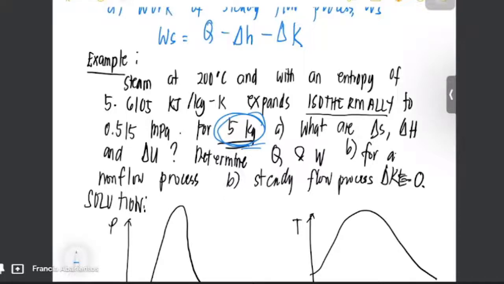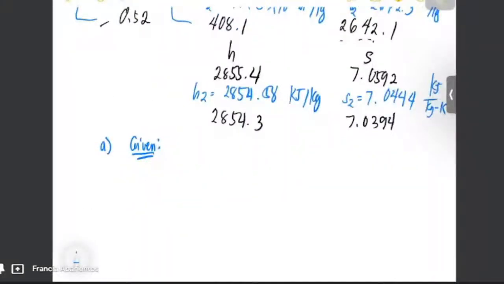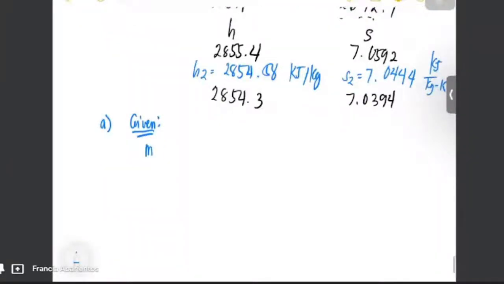So, the given, ayan. Ang given is mass is equal to 5 kilogram. Pag may given na mass, automatically, kadalasan, capital na yung pinapahanap. We have now the change in S is equal to the mass times the change in entropy, S2 minus S1.